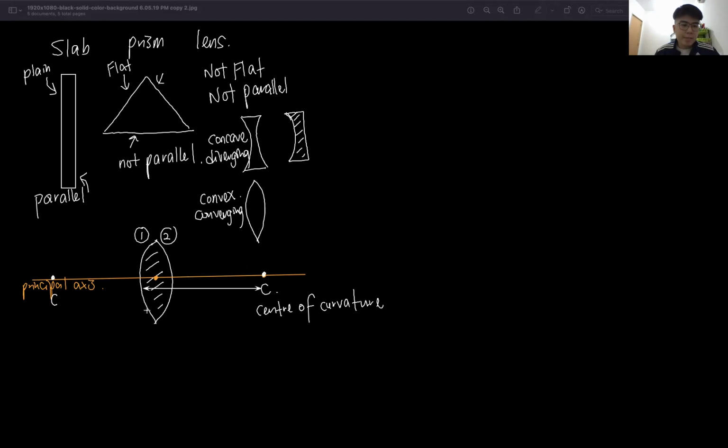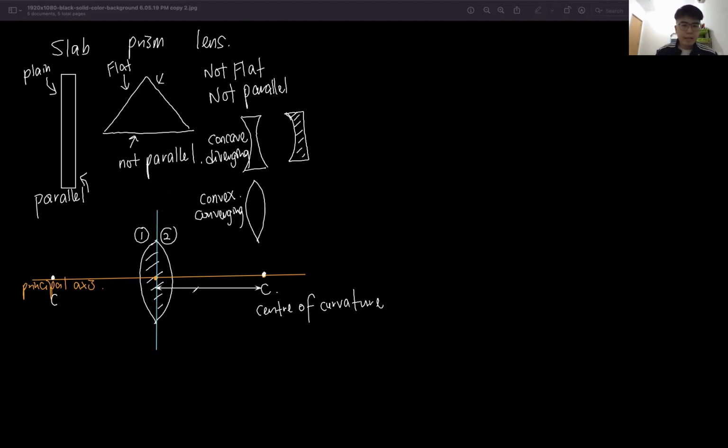So I'm going to draw a center line across the lens like this. So any light ray that I draw, I would connect to the center of the lens, not the curved side, the center of the lens here.